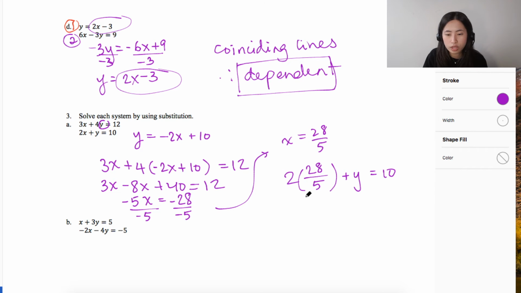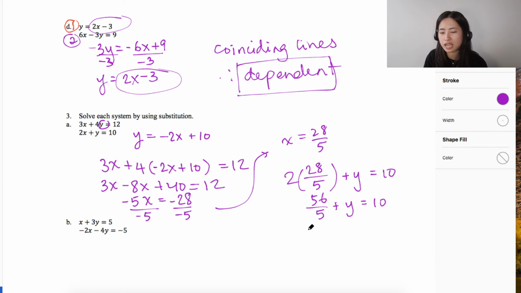Therefore, 2 times 28 over 5 is equal to 56 over 5, plus y, equal to 10. So once I have that, I'm just going to isolate y. Can you see now, and can you understand why I'm using the second equation? It's because I don't have to do as much work, because I already have y. It's not 2y, it's not 4y, so I'm not dividing this by anything.